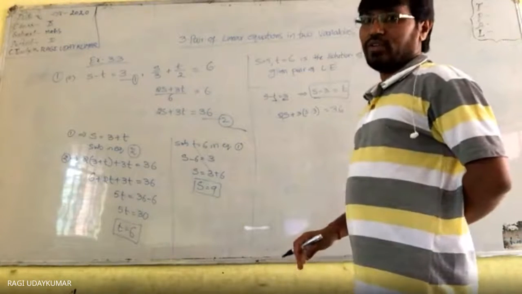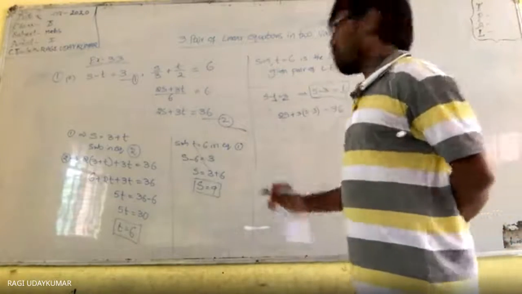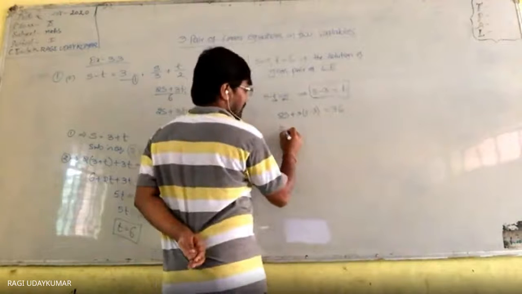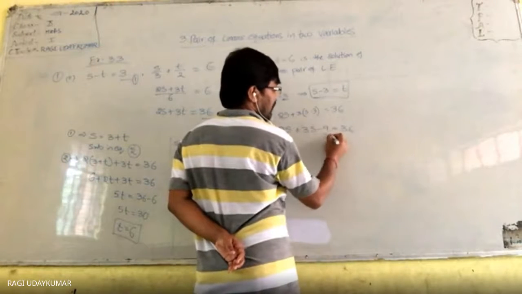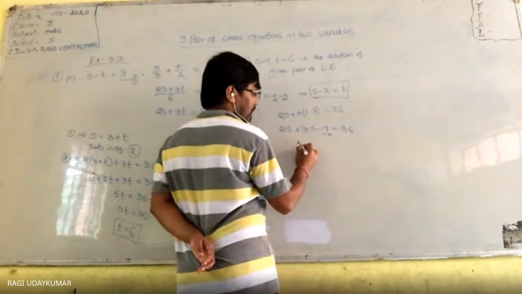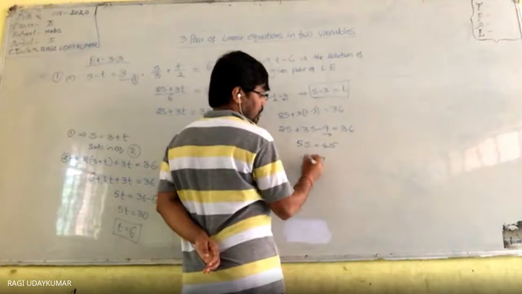First you will get the s value and then by substituting it you will get the t value. So 2s plus 3s minus 9 is equal to 36. Send 9 to this side and add both: 5s is equal to 45, s is equal to 9.